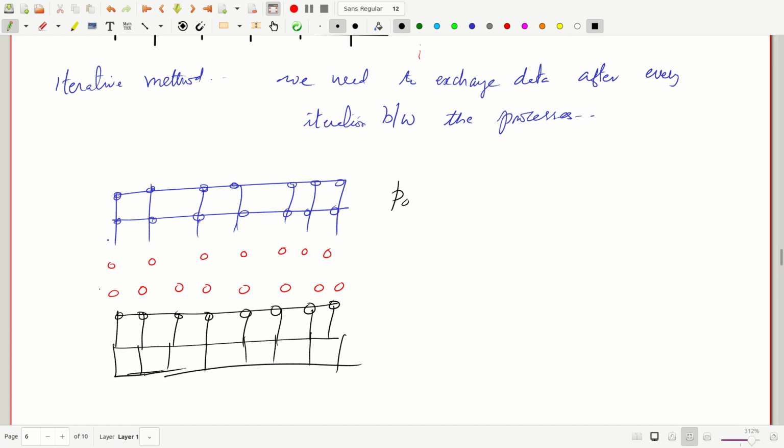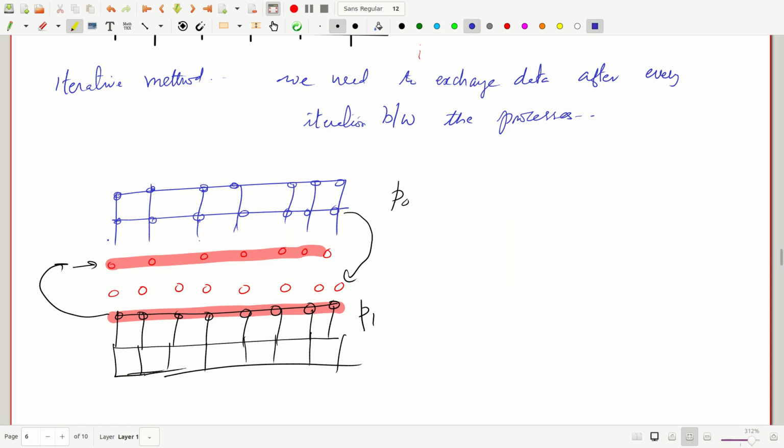Let's say we have this much. Then after every iteration, these ghost values need to be updated by process P1, and similarly these ghost values all need to be updated by P0. So that is how it works. Essentially, fill all these values from these values, and then update all these values from these values.